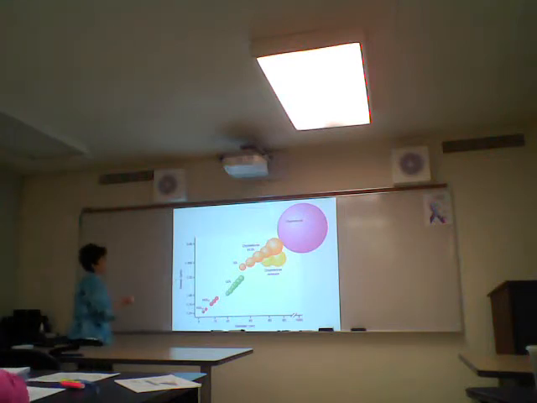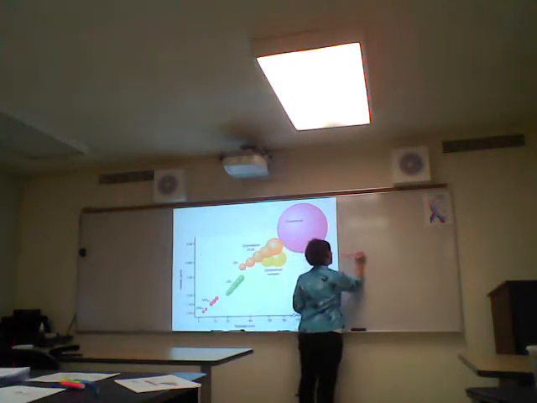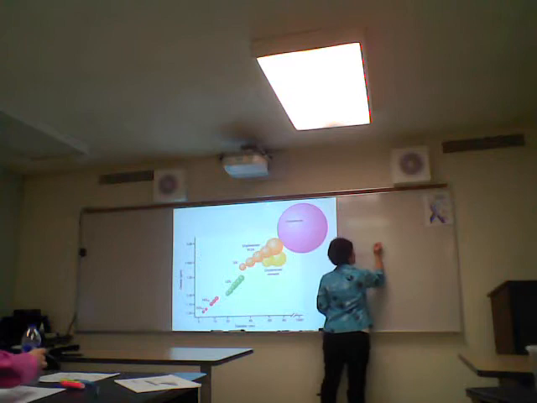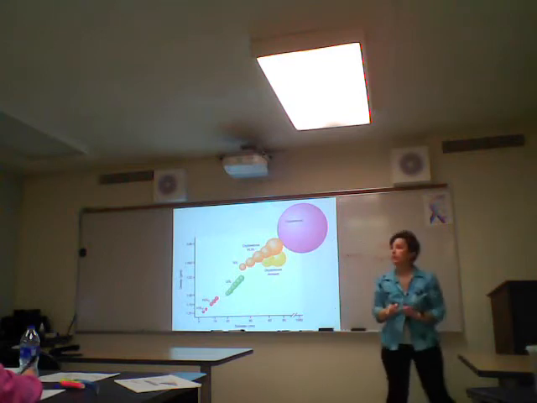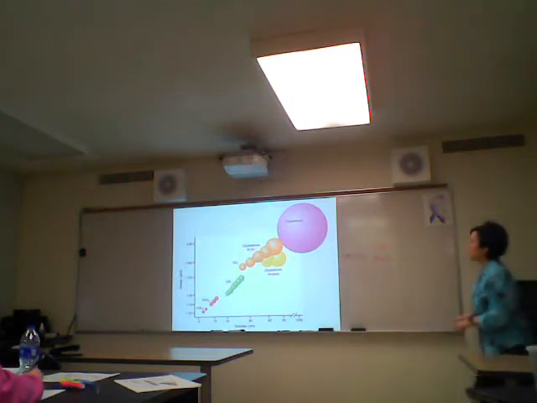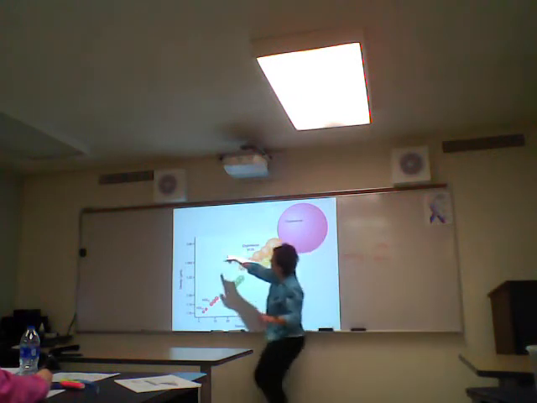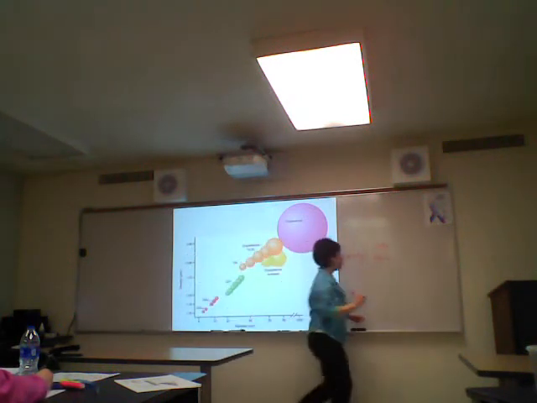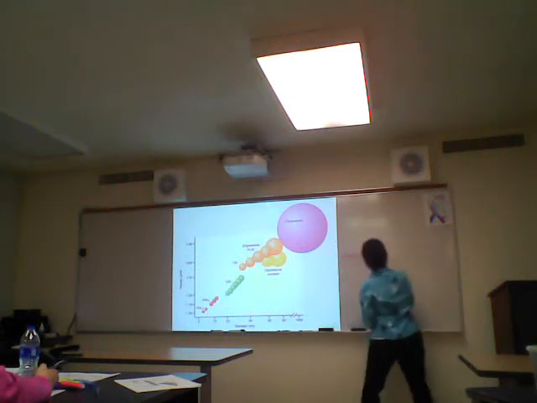So we talked about the fact that this density value was a ratio, and it was a ratio of protein to lipid. So when you have a very low density, like something like a chylomicron, and this one says chylomicrons are about 0.95, I think units are grams per milliliter.